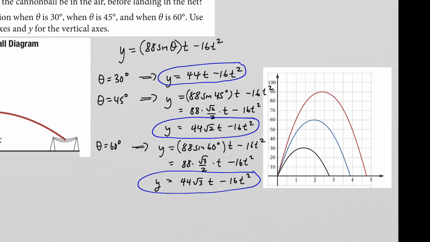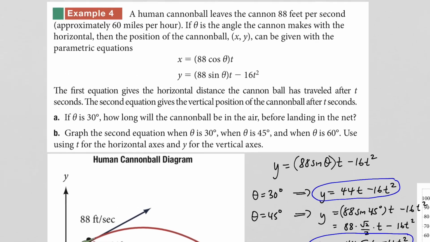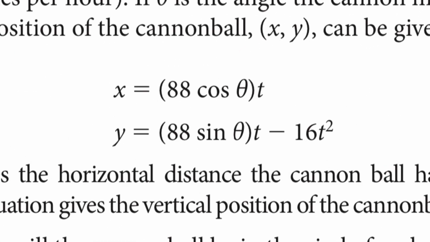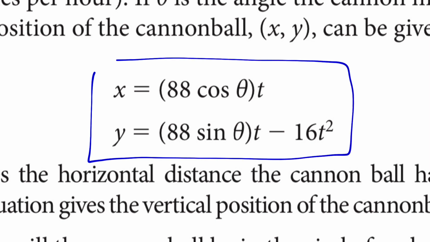So the nice thing about this example is that it shows you an application of parametric equations. So remember, what we have here is two equations, both defined by the variables x and y being equal to some function of the variable t, right? And in this problem, the variable t represents time.